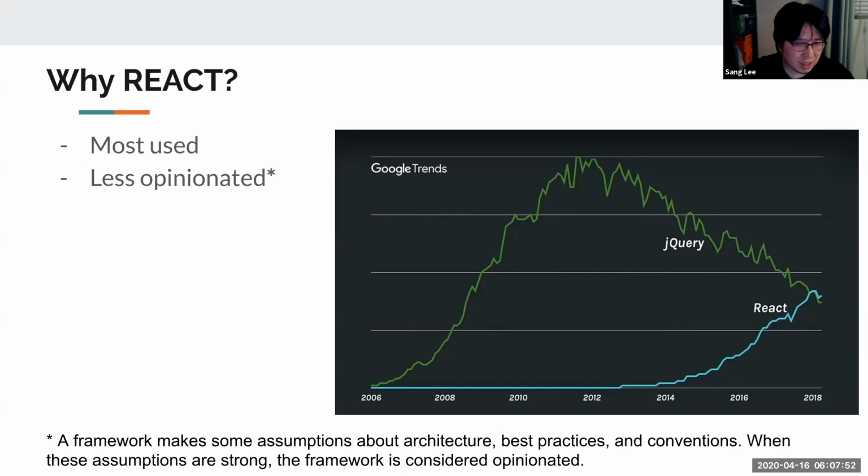What I mean by opinionated is that because a framework has to have a fixed architecture, it has to make some assumptions about an application, and if you want to build something that violates the assumptions, you will not be able to use this framework. So React is comparably less opinionated than other frameworks.